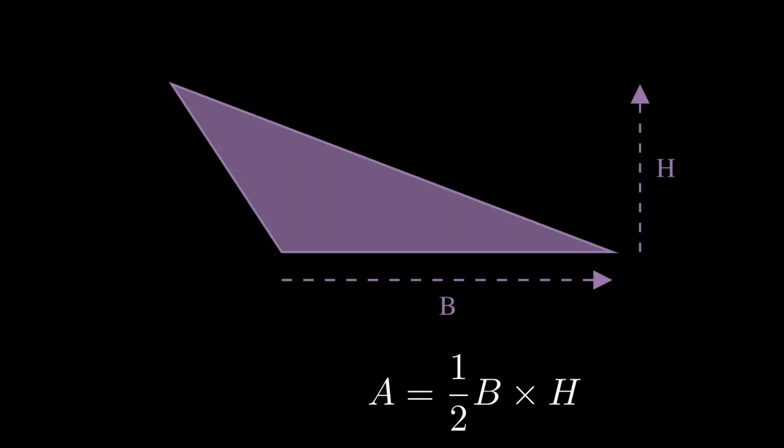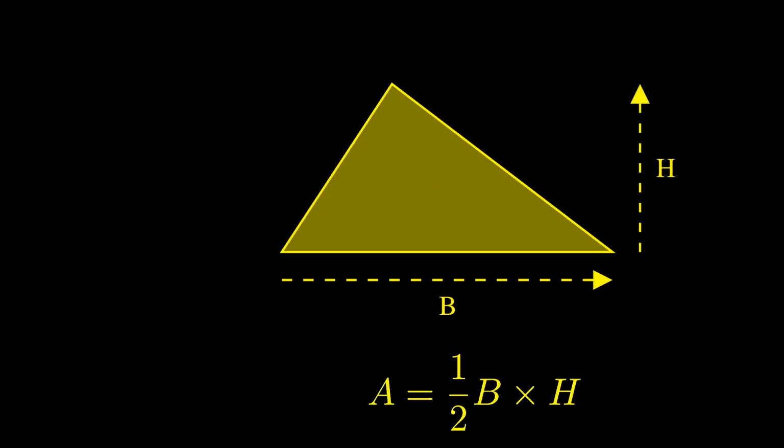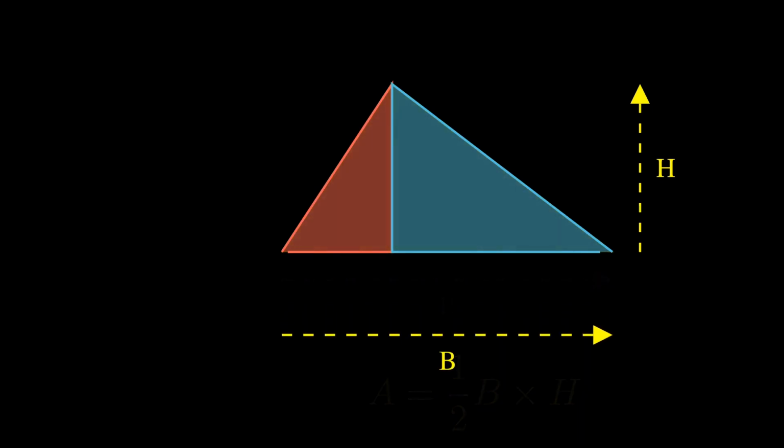Now the last one, the formula for the acute angle triangle. But how do we derive that one? If you do have an acute angled triangle, we can split it in the middle and obtain a right angled triangle on the left and on the right.